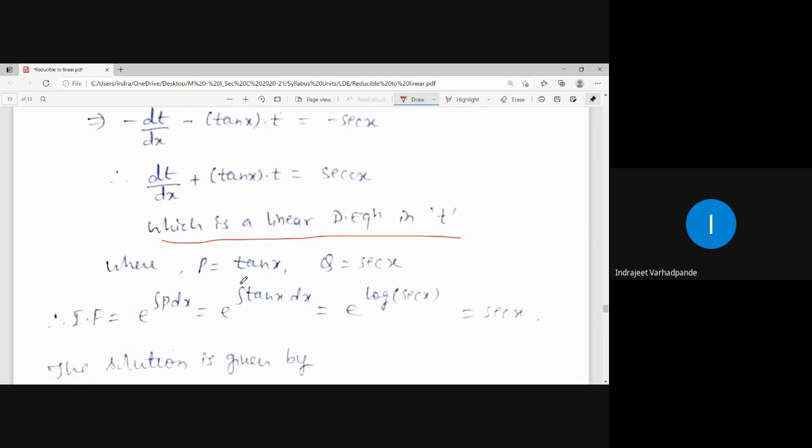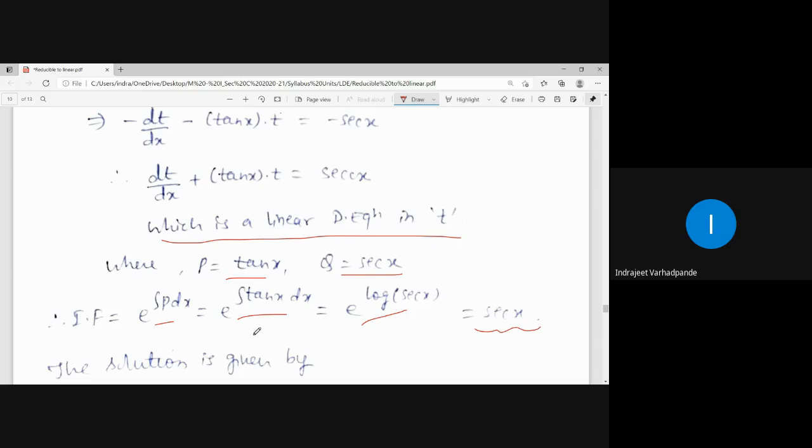Comparing, we get p is equal to tan x, q is equal to sec x. Integration of p dx, integration of tan x, is log of sec x. e and log get cancelled.